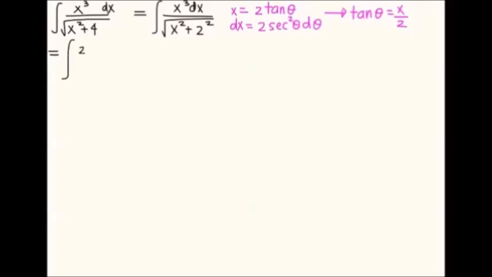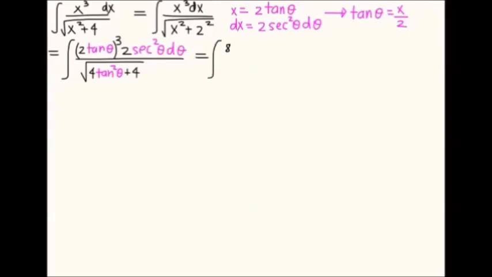We can then plug in these values into the integration, giving us the integration of (2 tangent theta) cubed times 2 secant squared theta d theta divided by the square root of 4 tangent squared theta plus 4. Now we're going to do a little factoring and simplifying here.